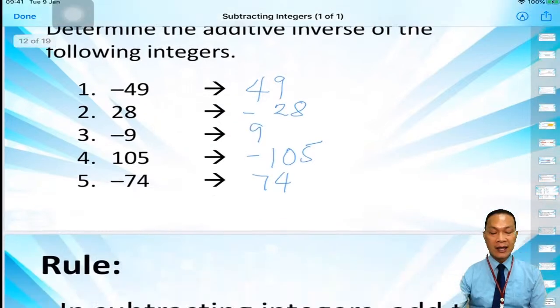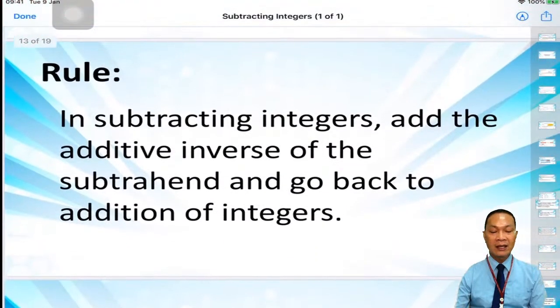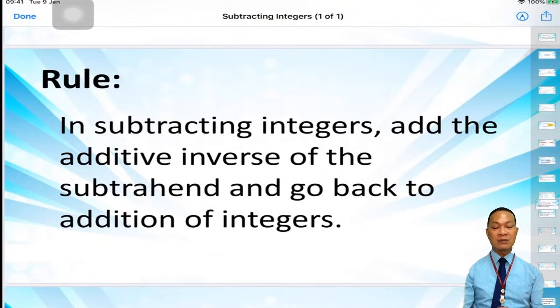Okay, next, let's move on again. Let's recall the rule in subtracting integers. In subtracting integers, add the additive inverse of the subtrahend and go back to addition of integers. This is the very simple rule in subtracting integers.